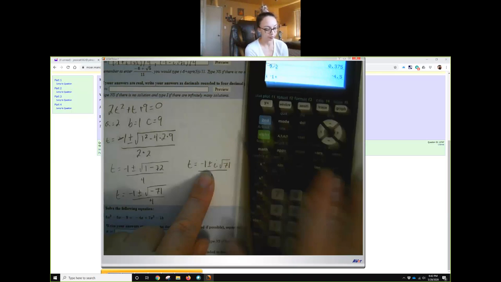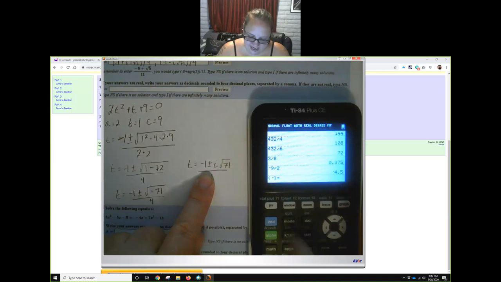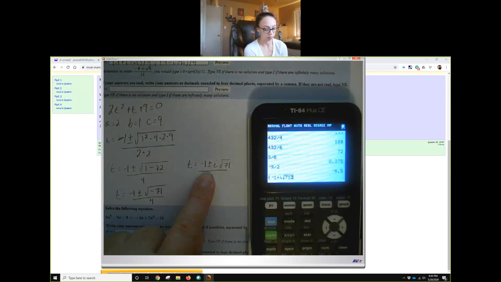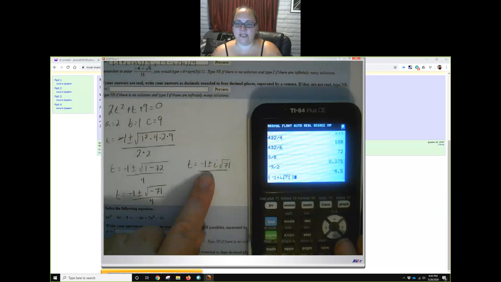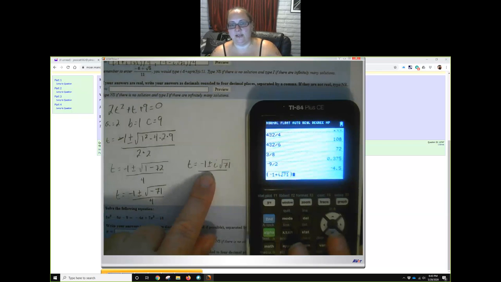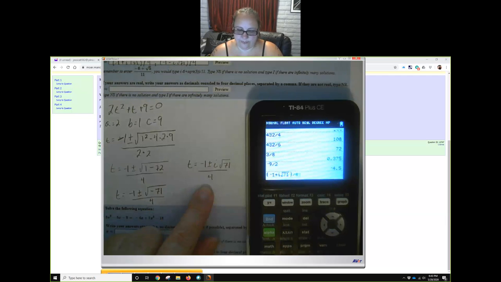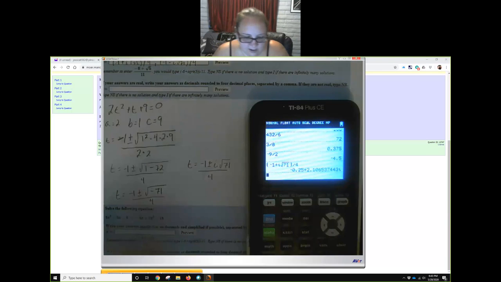Yeah. Okay. So the negative 1 plus or minus i radical 71. Oop, I put my parentheses in the wrong place. I forgot to press over 1 to get out from under my radical. Divided by 4.